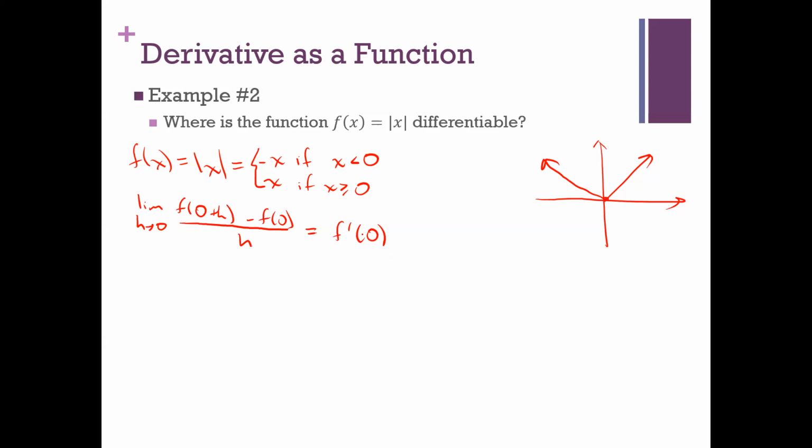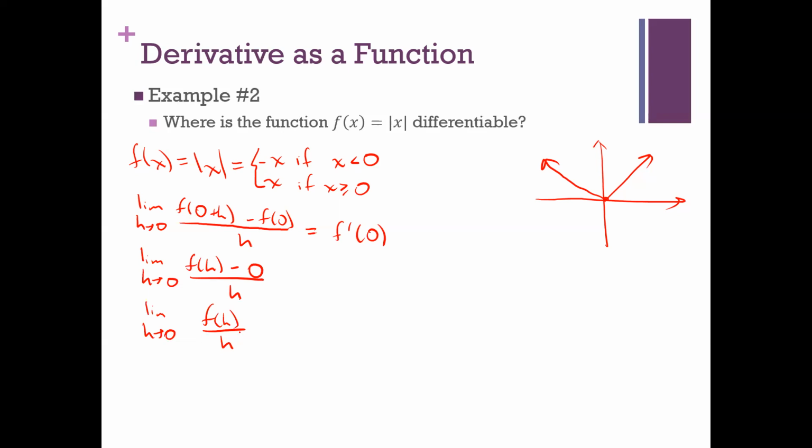This is what f prime of 0 would be if it existed. What's that? Is that just f of h over h? F of h minus f of 0, over h, right? So the limit as h approaches 0 of f of h over h. All right, so we've made it look a lot simpler.